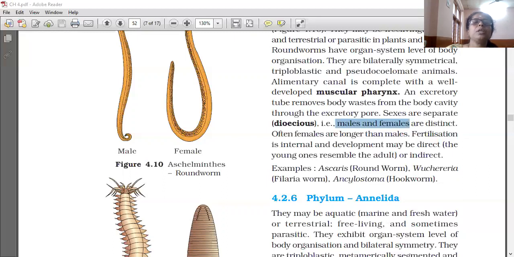So, comb jelly. Radial symmetry, tissue grade of organization. Phylum Ctenophora: symmetry, radial symmetry.